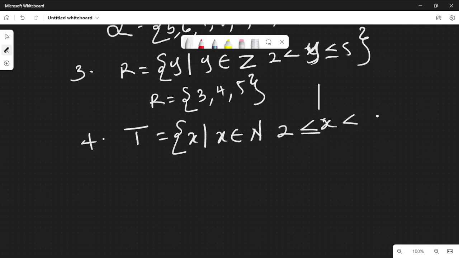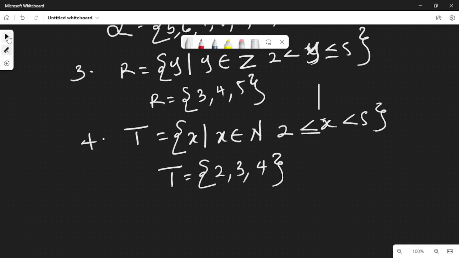Let me put this one like this, and this one like this. So if you look at this now, what this simply means is that T is a set of X such that X belongs to the set of natural numbers. And this means that X is between 2 and 5. Since this is less than or equal to, it means 2 is inclusive. But since this one is ordinary less than, it means 5 is not inclusive. Then you have your T equal to the set of 2, 3, and 4. So 5 is not going to be there.